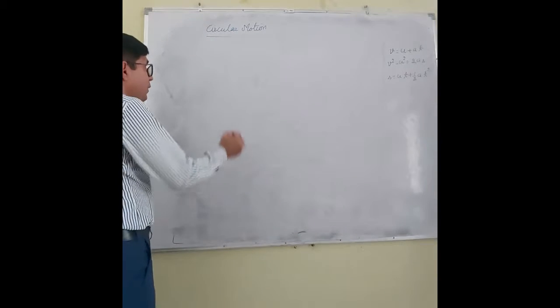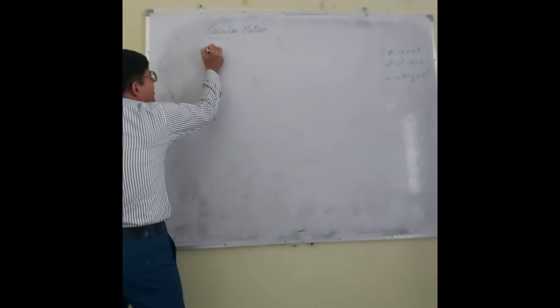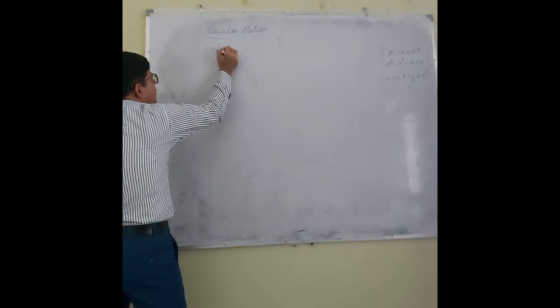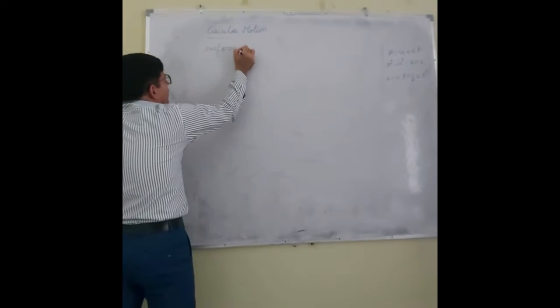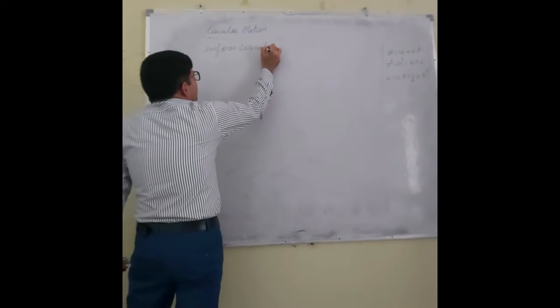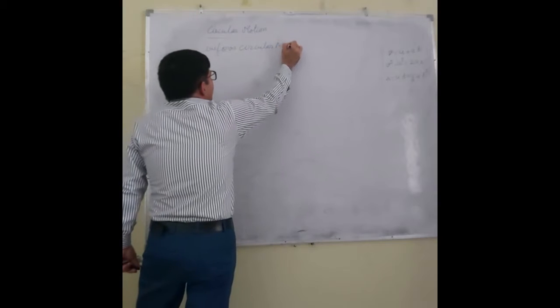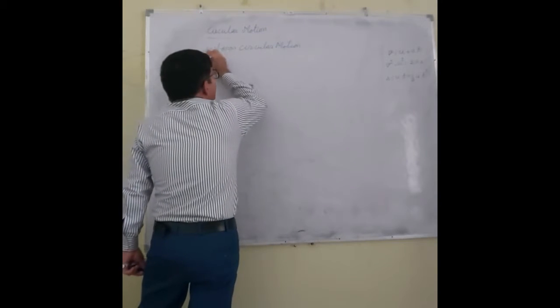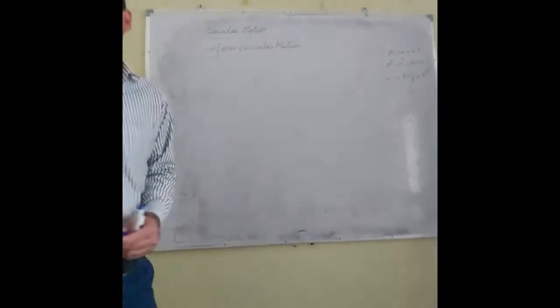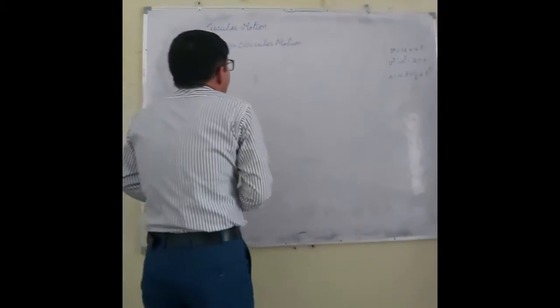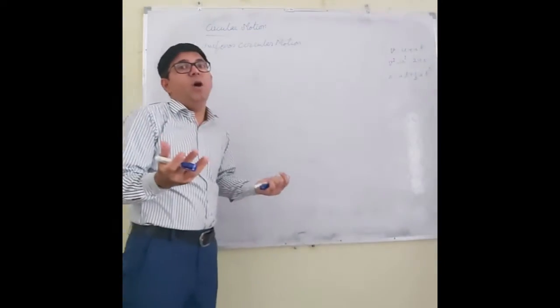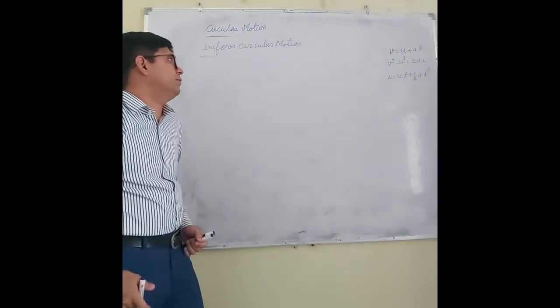Alright? Now, what is uniform circular motion? Uniform circular motion is the motion of a body along a circle with the same speed. The motion of a body along a circle with the same speed is called uniform circular motion.